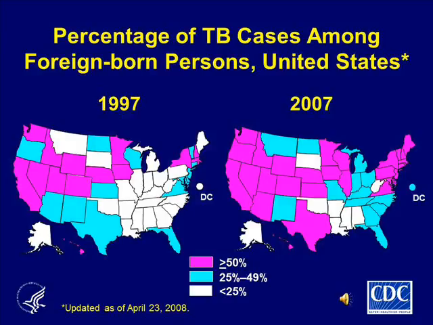In that area, you'll see many states in which there are fewer than 25, or 25 to 50% of the TB cases being among foreign-born people. Whereas now in the RTMCC, you will see that the largest number of states all along the east are now in the category of more than 50% of tuberculosis patients being foreign-born.